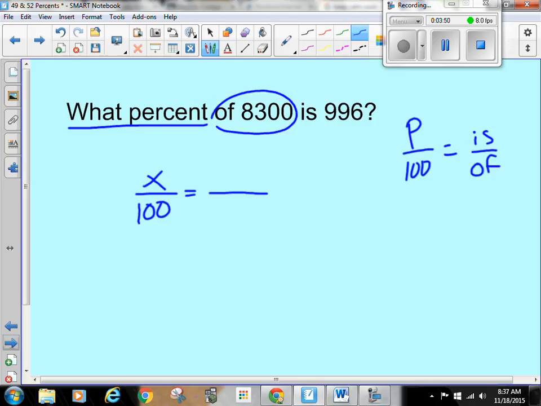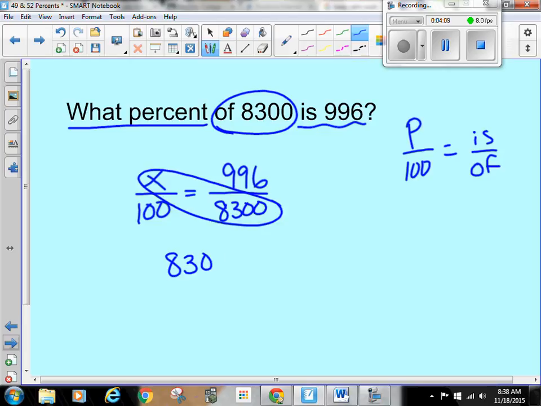Of is 8,300, so that goes into the denominator, and then our is is 996. All right, so we're going to go ahead and cross multiply. 8,300 x equals, take your 100 times 996. We get 99,600.